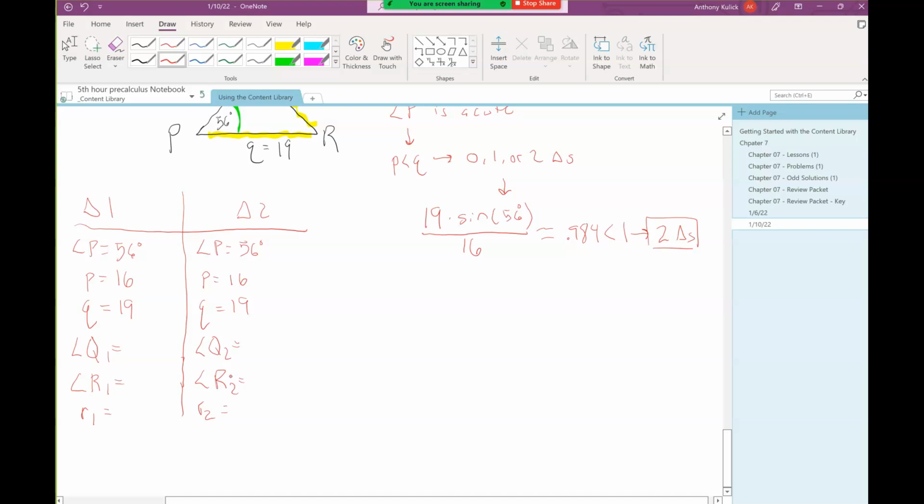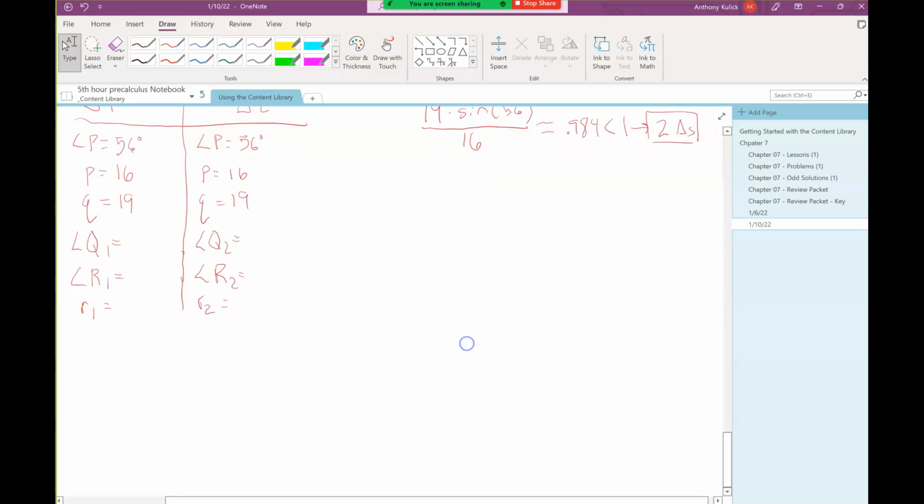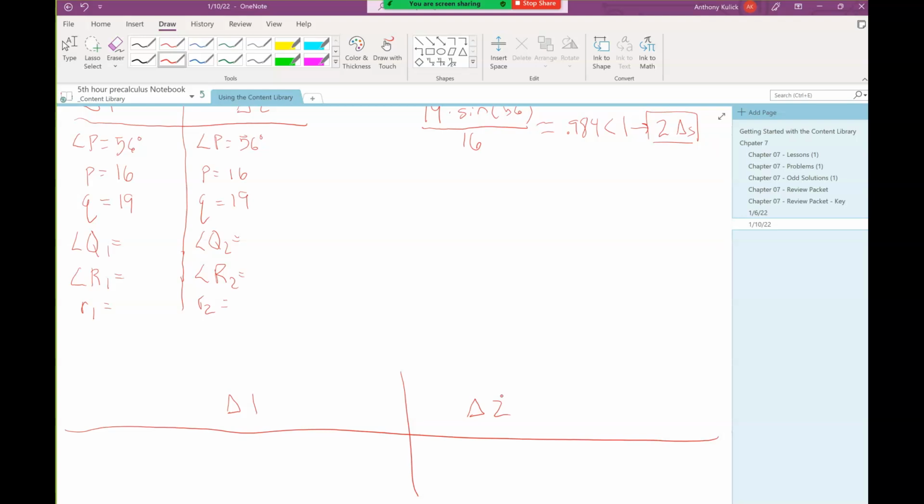Everybody cool with the way I've labeled things? And we're cool with the way that we've organized this? It makes sense to organize it in such a way that we keep everything straight. Okay. Now I'm going to make a space for my work. And again, I'm going to make a space where I'm going to do all my triangle 1 work and a space for my triangle 2 work.